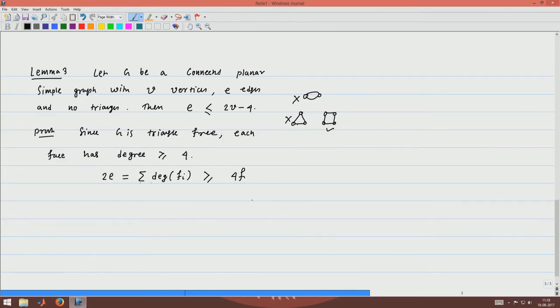So, twice E is greater than or equal to 4f, which implies E by 2 is greater than or equal to f.